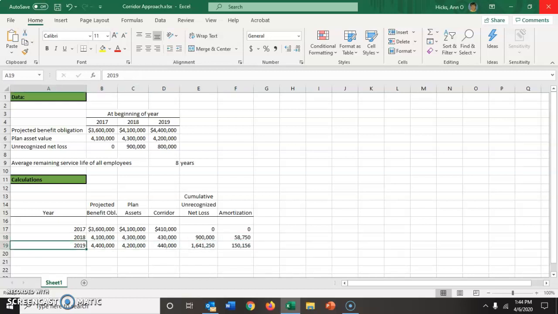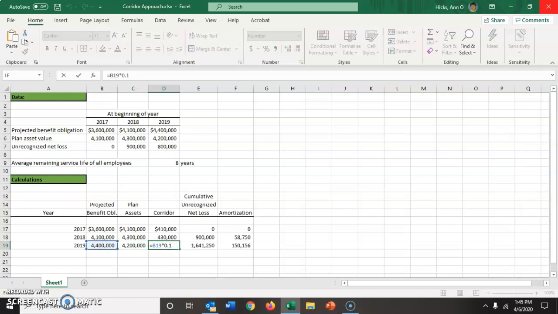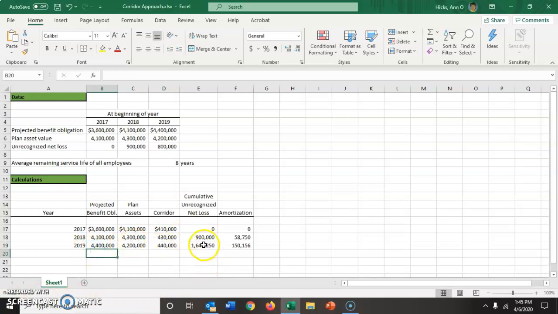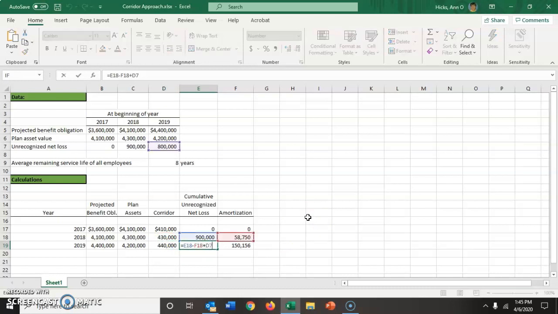Same thing for 2019. PBO is 4.4, plan assets are 4.2. PBO is the larger of the two, so our corridor will be 440,000 or 10% of the 4.4. Okay, so the cumulative unrecognized net loss. This is cumulative, so be careful as you walk through the calculation.